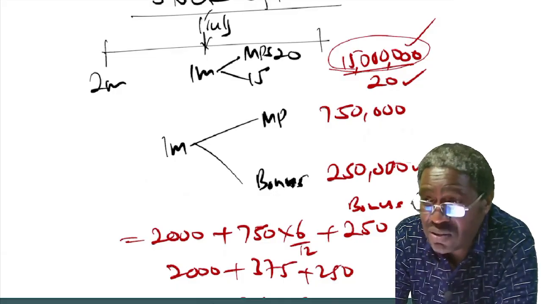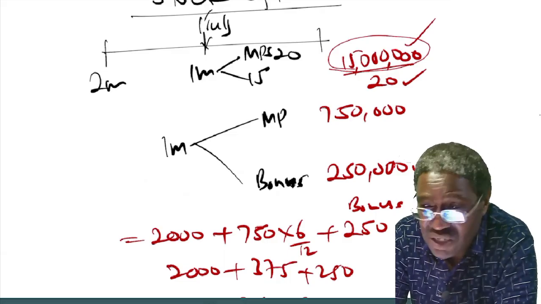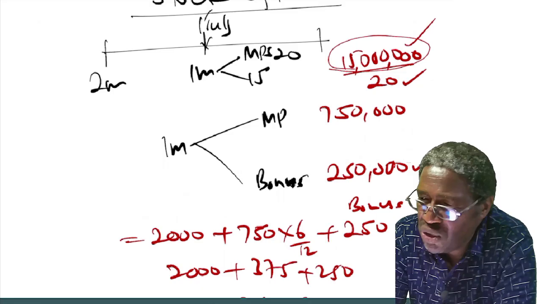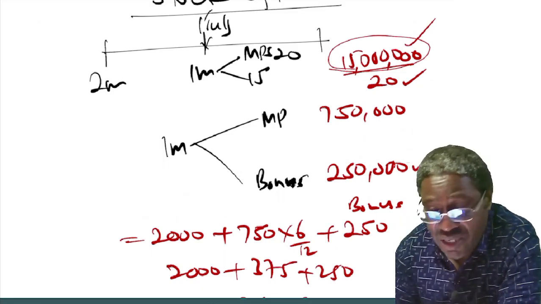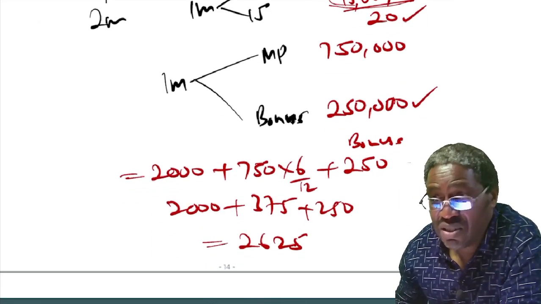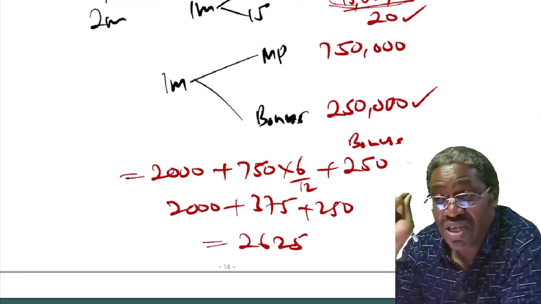Then once you separate, you will go back to the rules. When shares are issued at full market price, they must be weighted. When shares are issued as bonus, they are never weighted. Listen again. Don't forget, there's another rule for bonus.